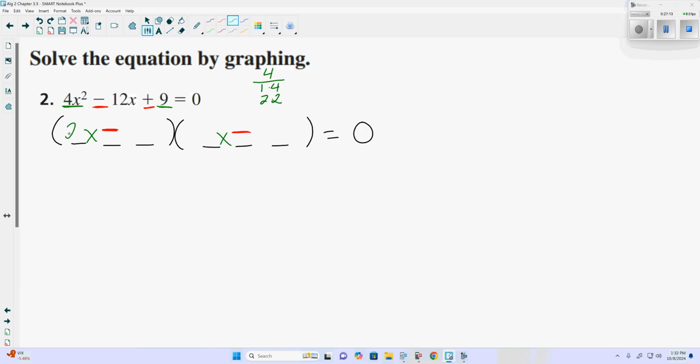I'm going to go with 2 and 2. Factors of the third term, factors of 9 are 1 and 9 or 3 and 3. 3 and 3. And even though we're solving, since we did factor, we want to check for the middle term.